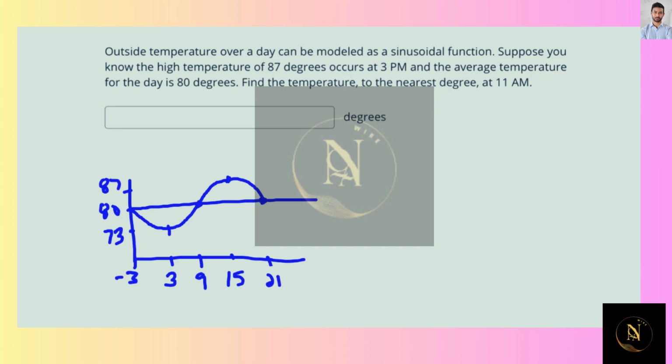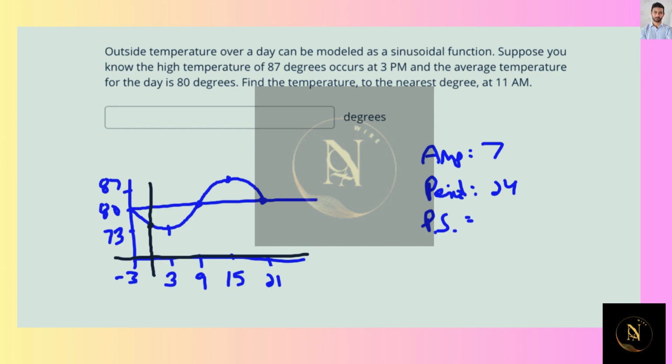Well, let's come up with a model here. So if we place the axes here, then we recognize that for our equation, the amplitude is 7, the period is 24, the phase shift would be, we got to go 3 to the left, so -3, and our midline is at y equals 80.